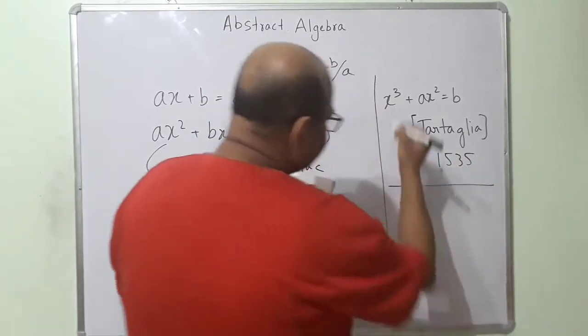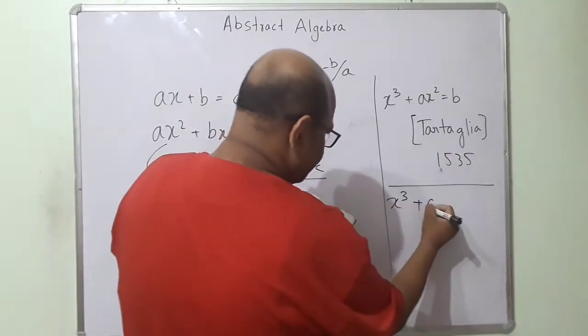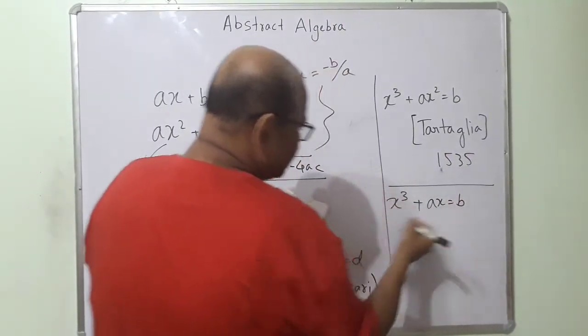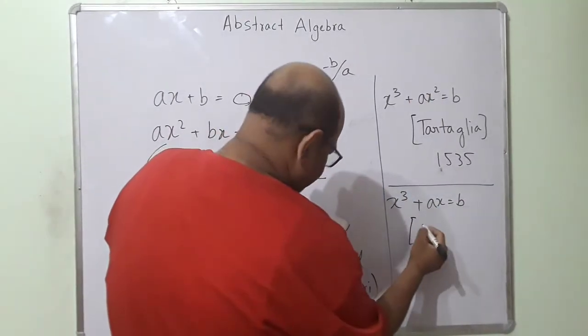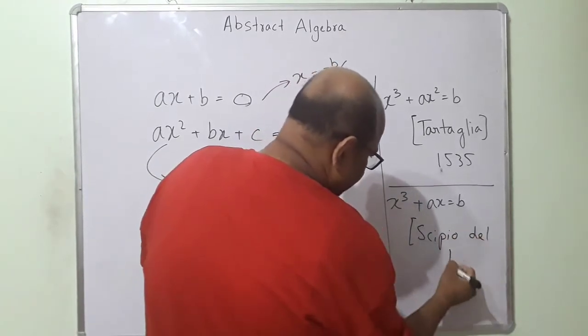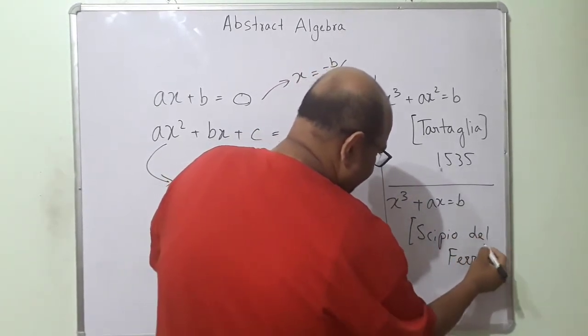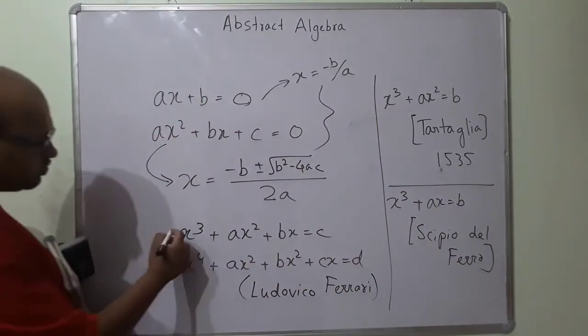Then later on, someone else gave the solution to this equation. This does not have the square term. This was given by Scipio del Ferro. So after that we had the solution to this.